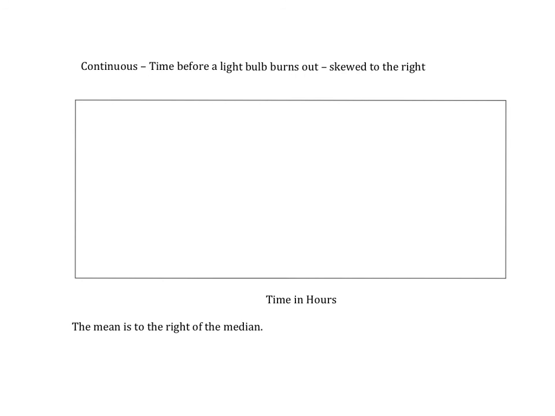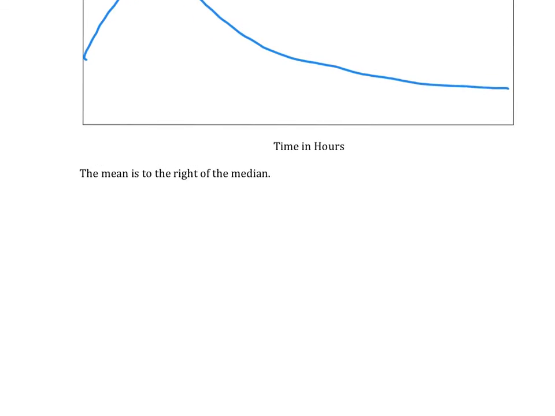So we'll have many more light bulbs that don't last as long, and then as time carries on, we'll have fewer and fewer light bulbs lasting that long. So our data will be collected to the left, and since time is a continuous variable, this is a continuous distribution representing skew right.